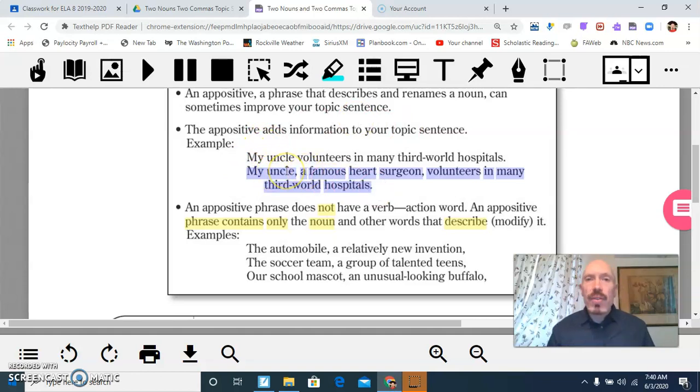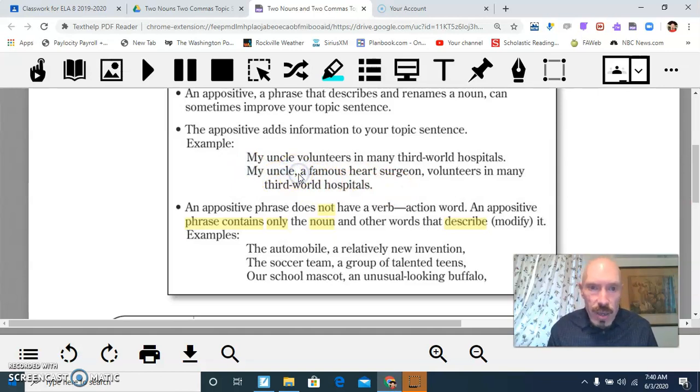My uncle, a famous heart surgeon, volunteers in many third world hospitals. I don't think we use that term anymore, but anyway. So the topic here is about this person's uncle. And the uncle, of course, is a person, it's a noun.